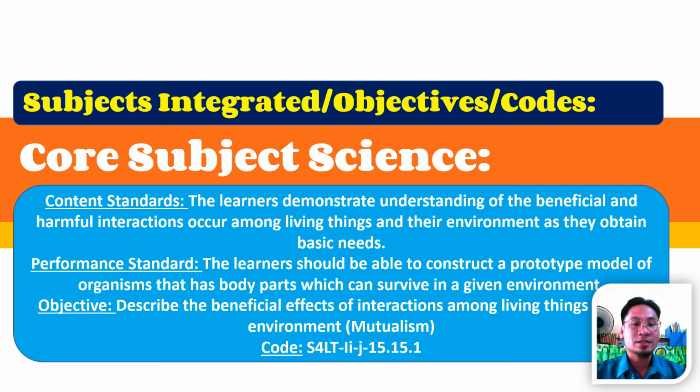The PS, or the performance standard: the learners should be able to construct a prototype model of organisms that has body parts which can survive in a given environment. And the MELC objective is to describe the beneficial effects of interactions among living things and environment, or mutualism, with a code.